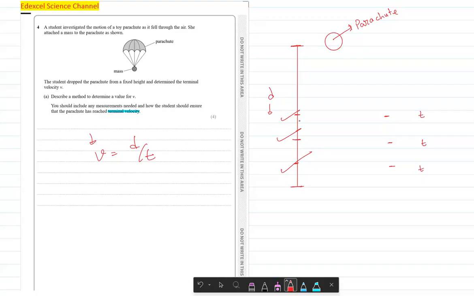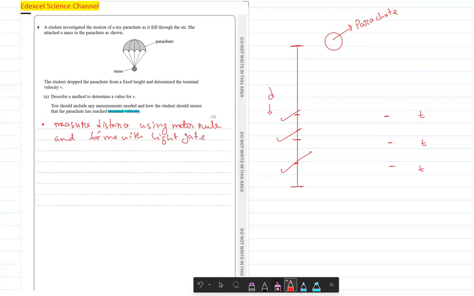Okay, so let's now write all this information down. So my first point is: measure distance using meter rule and time with light gates.